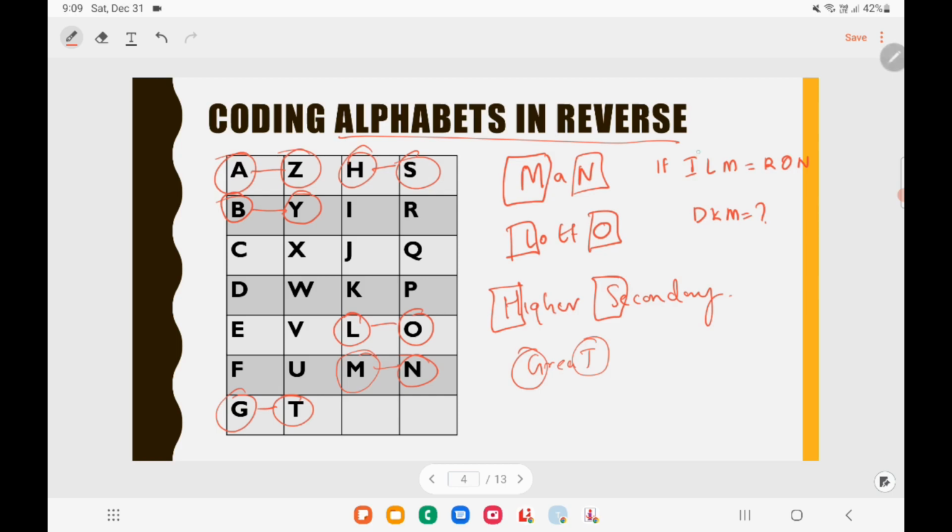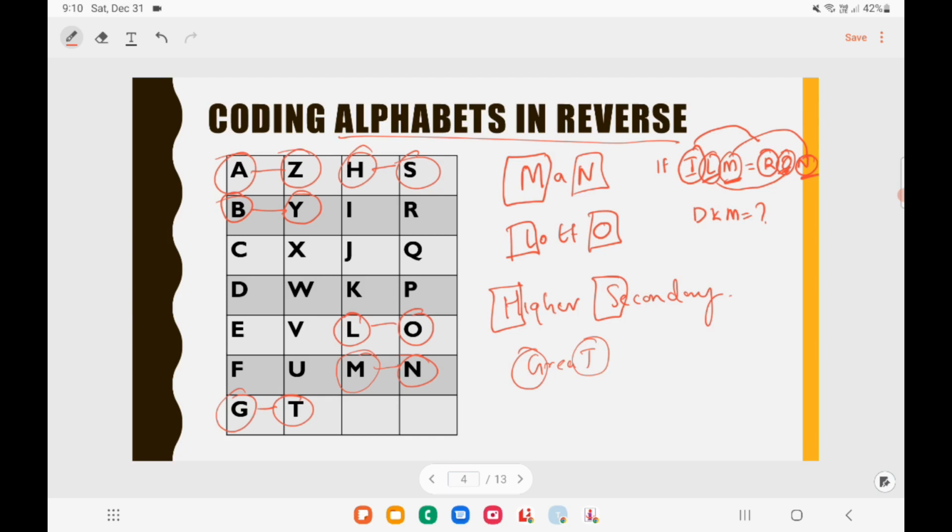Okay, so here if you see, you can take like I corresponds to R, L corresponds to O, M corresponds to N, right? So if you remember these words, you can understand that M and N are coded in the reverse order, right? You know man, the word man, right? Then here L is coded with O. If you know the word lotto, you know that L is coded with O. So in this way you can decode it easily.